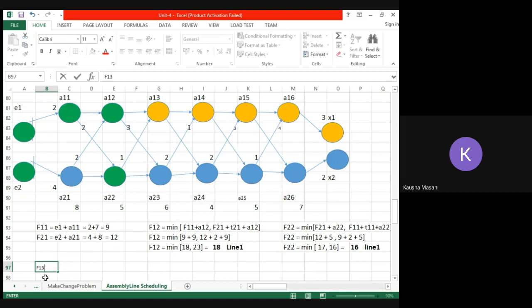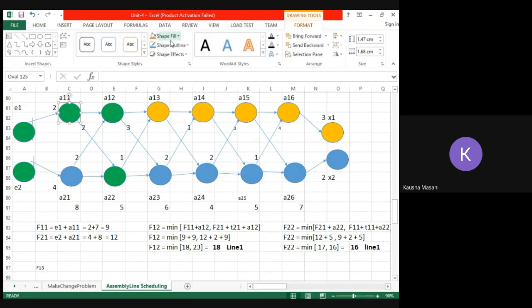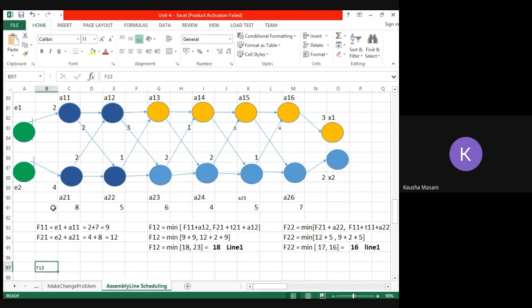F13. Now, we finished this A11. Okay, I'll shade fill it for you. A11 done. We finished A21. We finished A12. We finished A22. Now you have to calculate for A13. So F13, start calculating everyone.